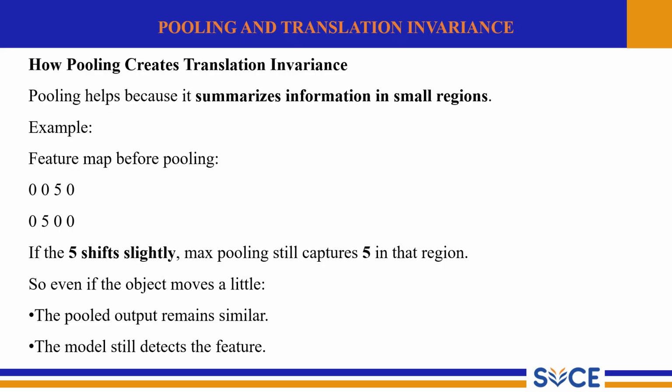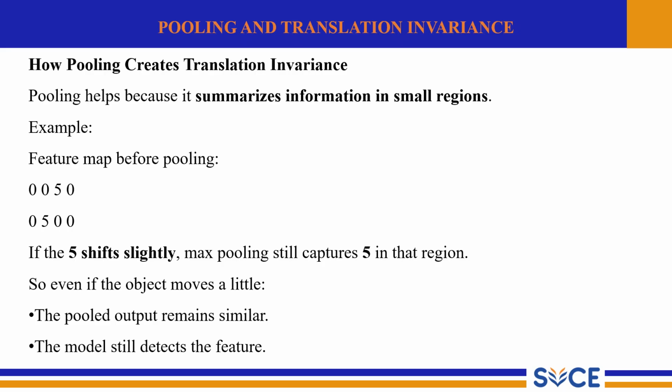However, when max pooling is applied, it looks at a small region and selects the maximum value from that region. Even if the position of the feature changes slightly within that region, the pooling layer will still capture the value 5. As a result, the pooled output remains almost the same even though the feature has moved slightly in the input image. This property is called translation invariance.